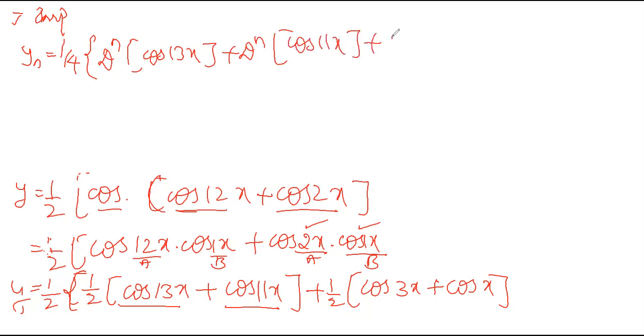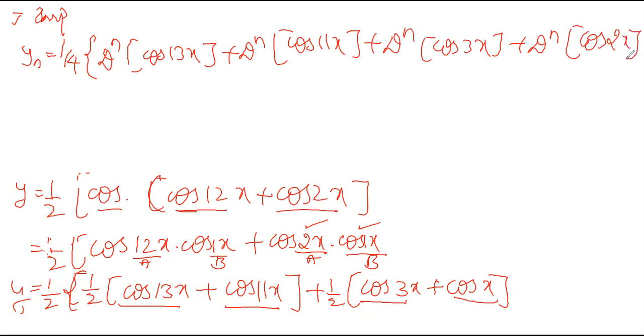Then plus the n term of the next one, cos 3x, plus the n term of cos x. Okay, then flower bracket close.